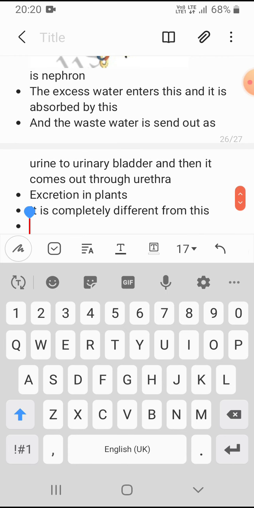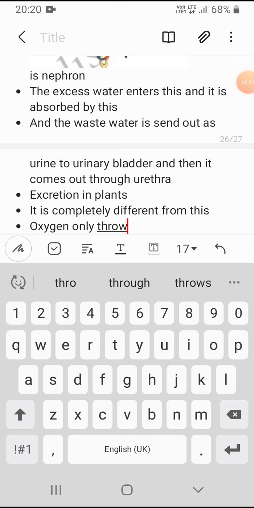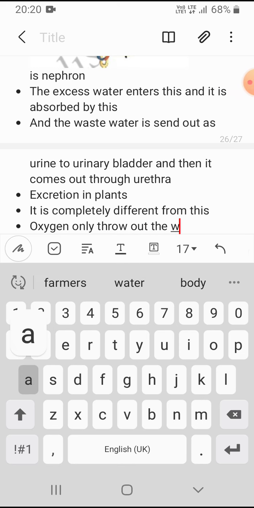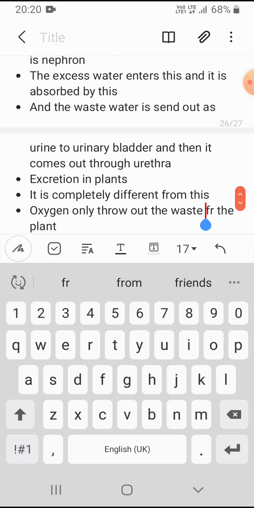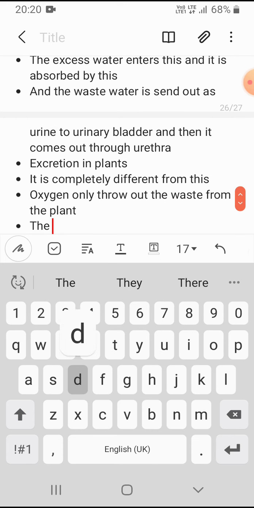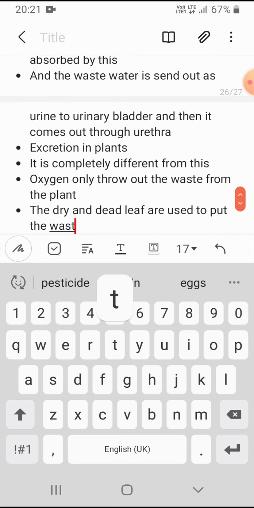Oxygen only throws out the waste from the plant, and sometimes the dry and dead leaves are used to put the waste of plants.